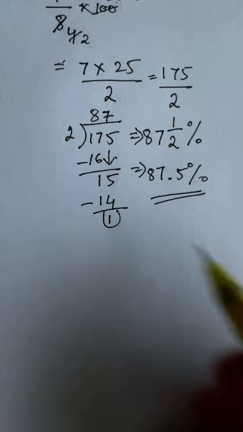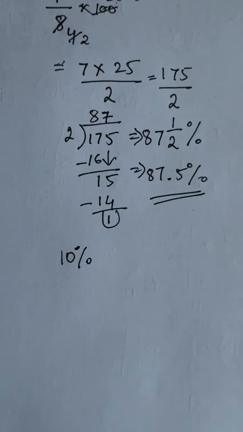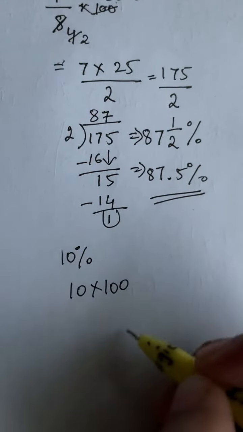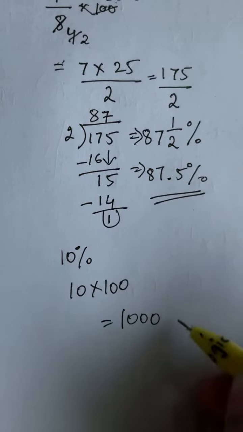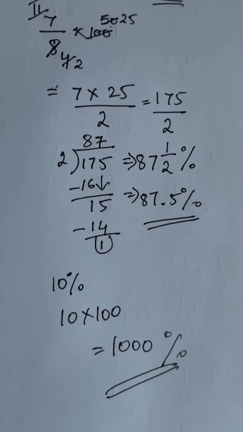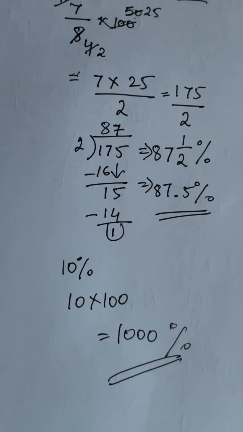If at all you have 10 or something, just multiply 10 with 100, and that's going to give you, how many zeros do we have? We have 3 zeros, so it's 1000%, and done. This is how you convert improper fractions into percentages. Done. It's super easy.